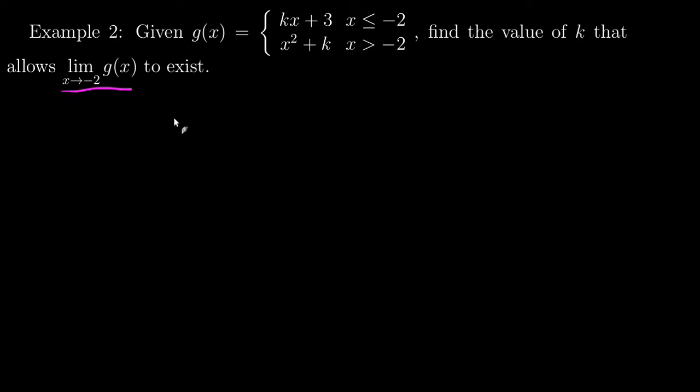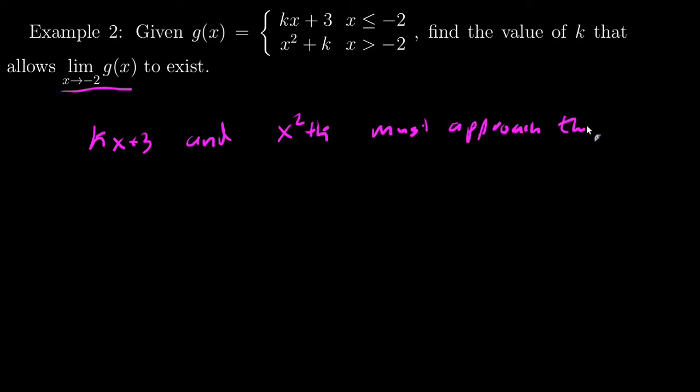In order for this limit to exist, the left-hand side, kx plus 3, and the right-hand side, x squared plus k, must approach the same thing or value at -2.